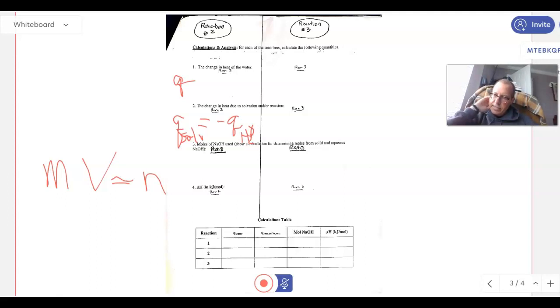Then for your number 4, pay attention to the units. It's in kilojoules per mole. Number 2, you got kilojoules, and number 3, you got moles. So you figure out what to do with the rest of it.